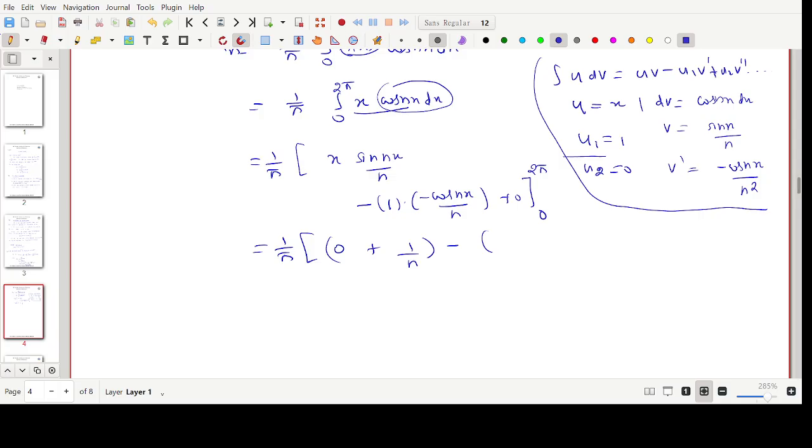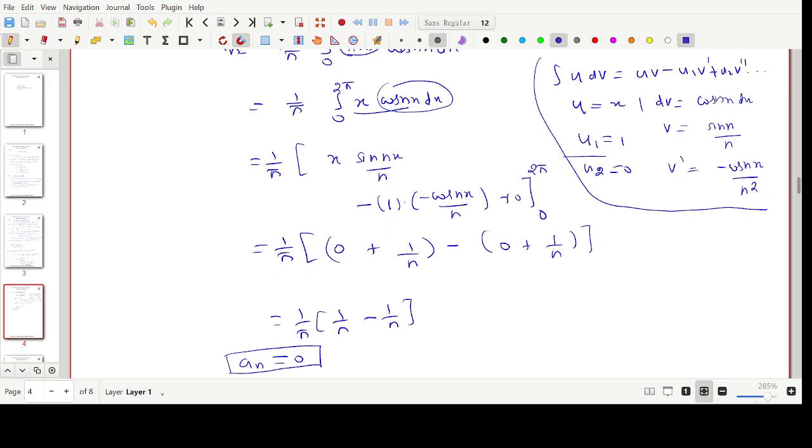What about the lower limit? If I substitute x as 0, 0 into anything is 0. So minus minus plus cos 0, value 1, 1 by n. So my answer is 1 by pi times 1 by n minus 1 by n, so the answer is 0. So our an value is 0.